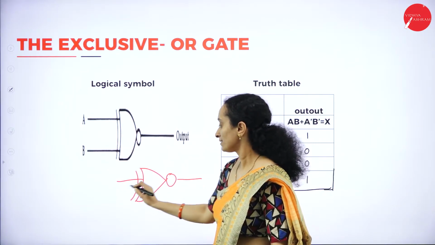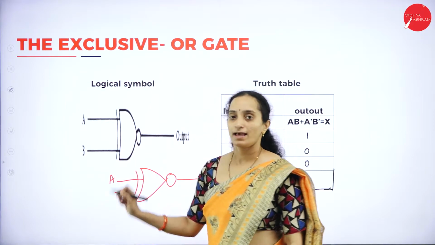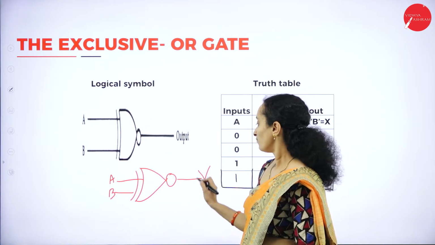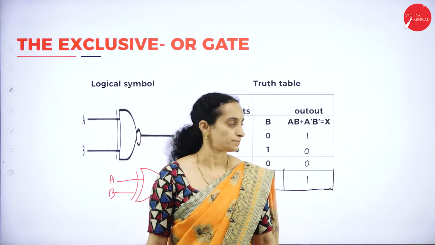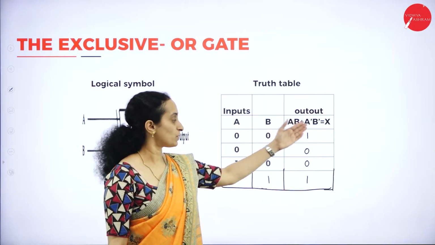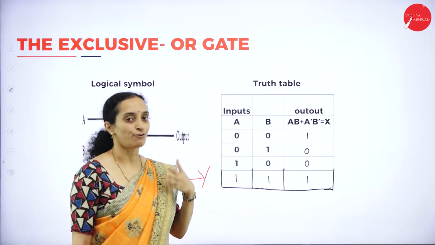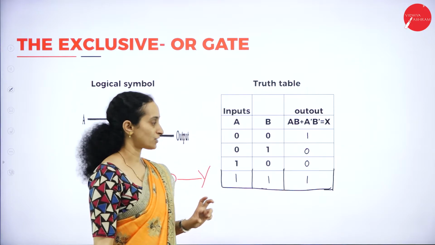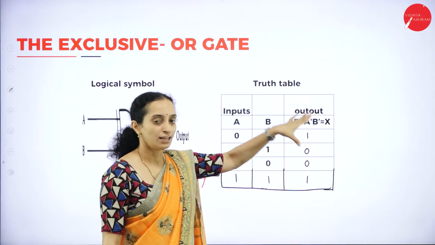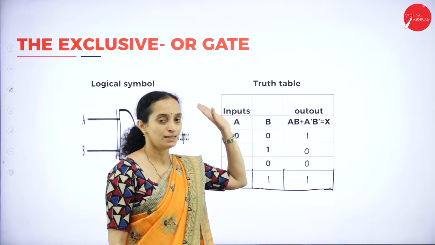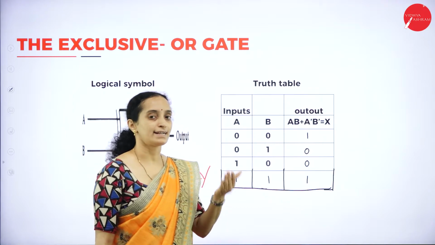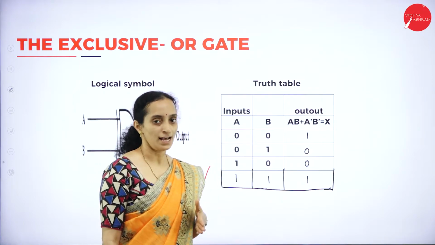It represents the XNOR gate, with A and B as inputs and Y as the output. Now we have the combination 0, 0, which produces 1. That is the reverse of the XOR. If the XOR gave 0, XNOR will become 1. If it was 1, XNOR will produce 0. Exactly the complement of the XOR.